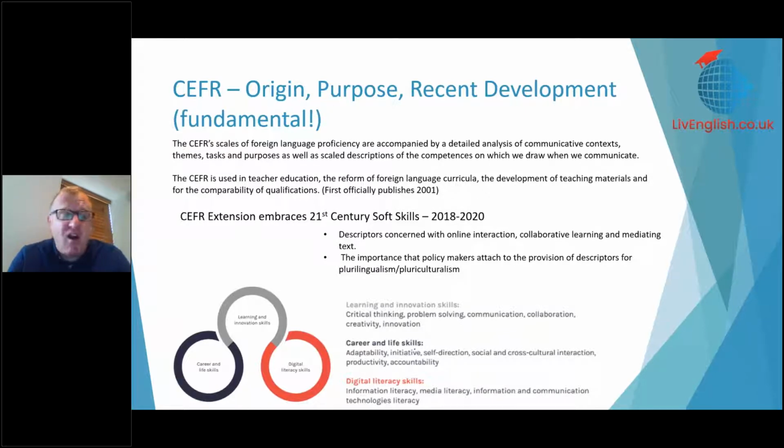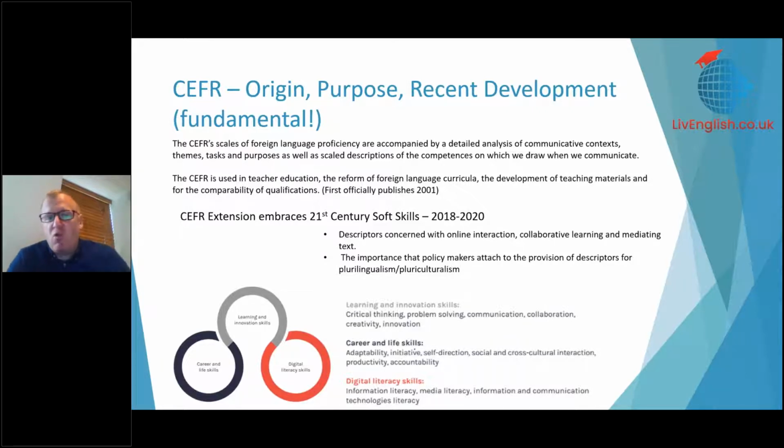So the CEFR as a project really started in the 70s. However, the first publication, the first version of it, is dated 2001, where we had the first set of standards, the first set of band descriptions.